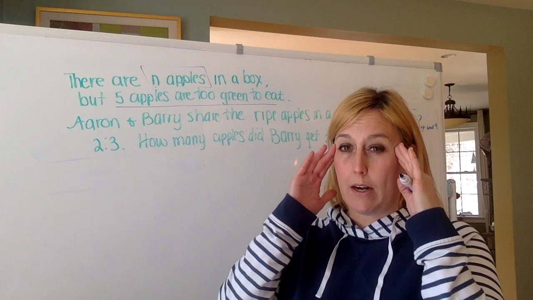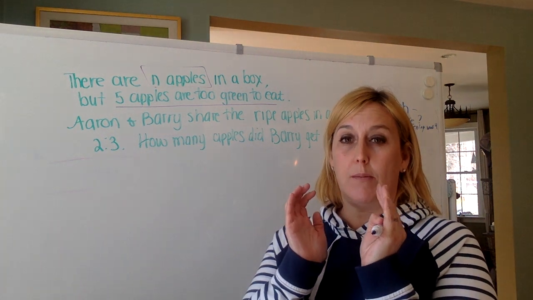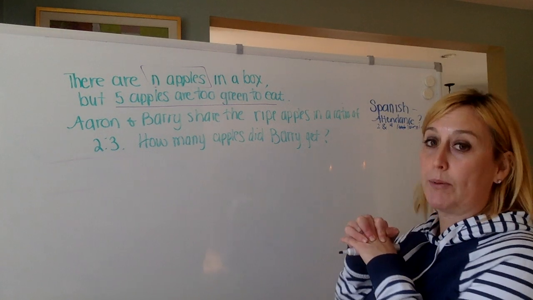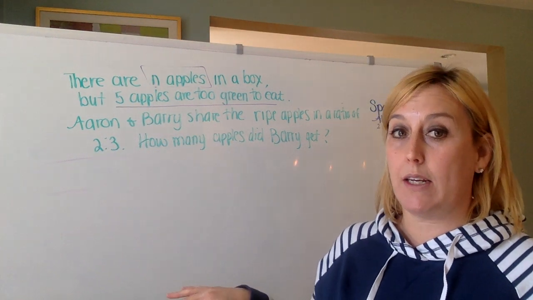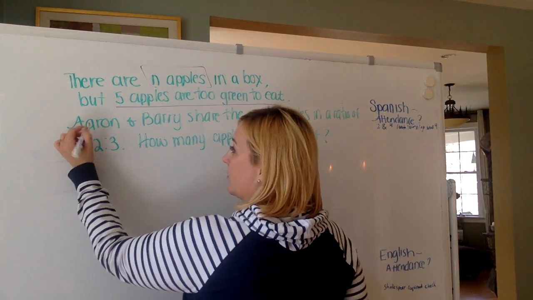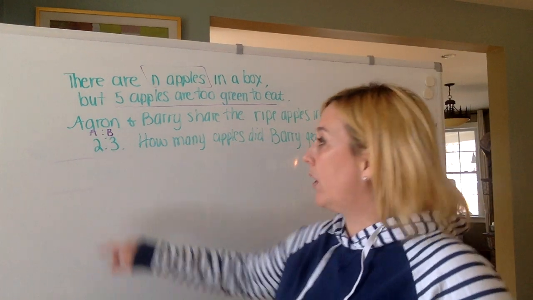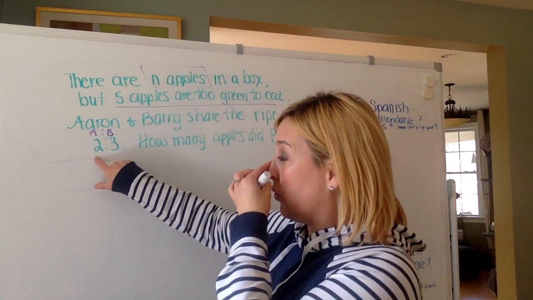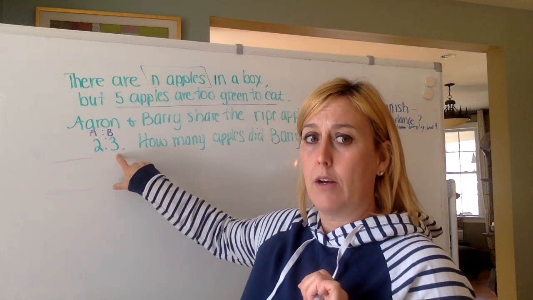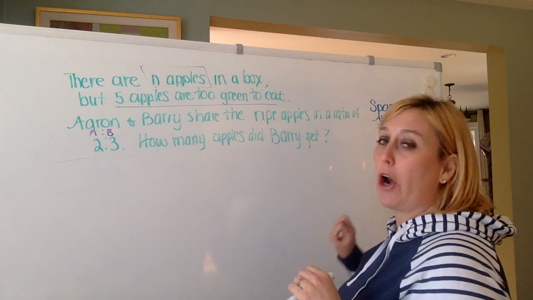So we're going to want to keep that in our mind about how to set up the core algebraic expression in the parentheses. And then it says Aaron and Barry share the ripe apples. So we're only talking about the apples that they're going to eat, the ripe apples, in a ratio of 2 to 3. So this is Aaron and this is Barry. Aaron gets 2 apples for every 3 that Barry gets. We want to think about the total there because it says how many apples did Barry get?